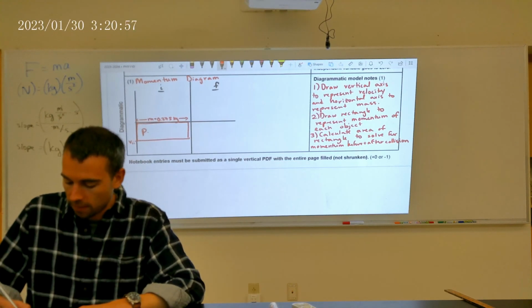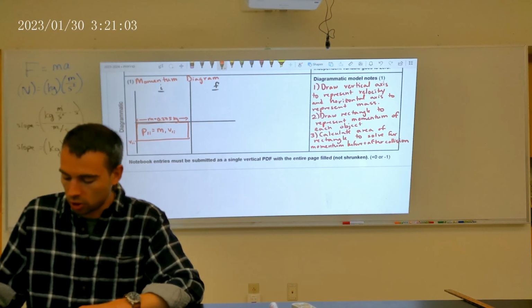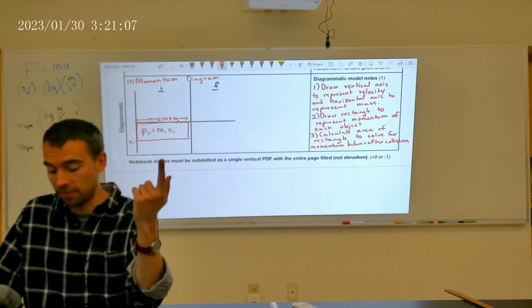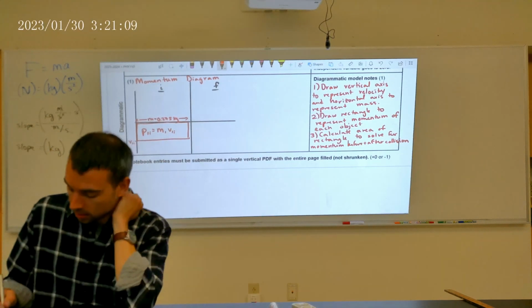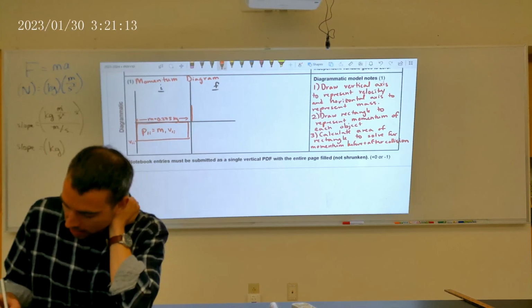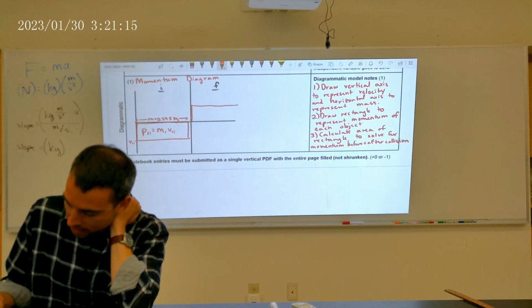And so the momentum of this first object initially should be m1 times v1 initial. And in the end, it had a positive velocity. So I will draw that same width of rectangle, and it had just about the same velocity on its way out that it had going in, but in the opposite direction.